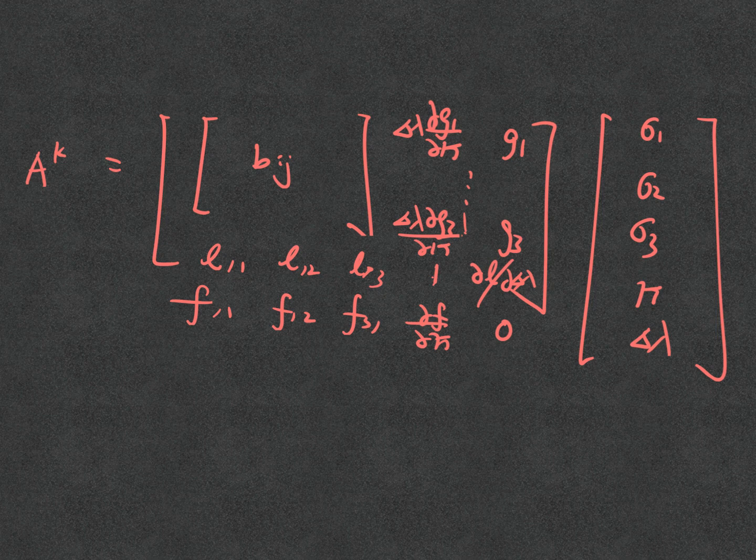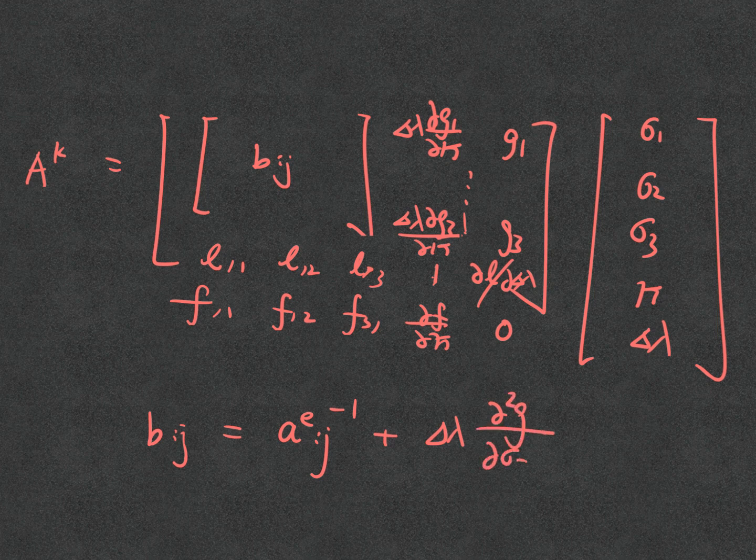Okay, so with that, let me define B_ij in detail. It is simply equal to A delta_ij minus 1 plus something.